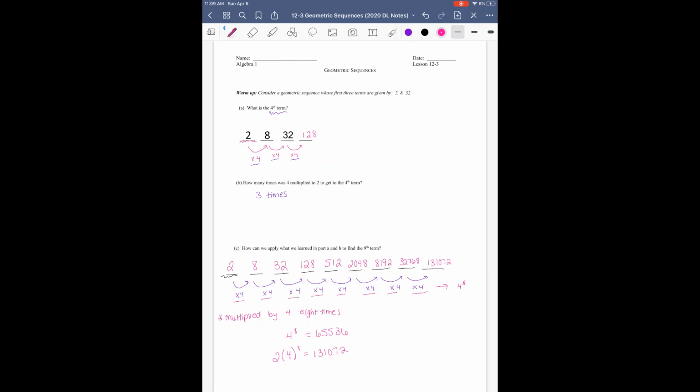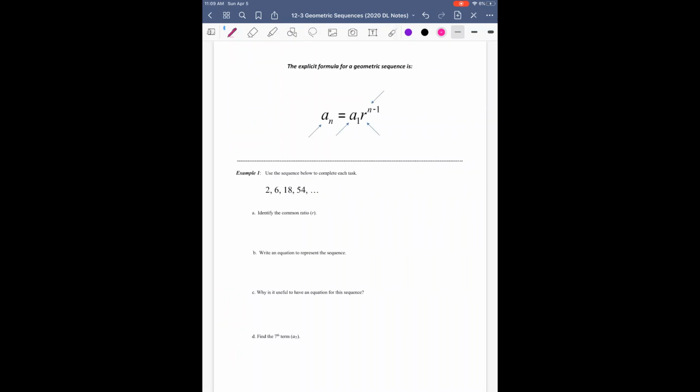Okay, so let's look at the explicit form of this geometric sequence that's going to help me for the rest of the lesson. So the explicit formula for a geometric sequence is represented by a sub n is equal to a sub 1 times r to the n minus 1.